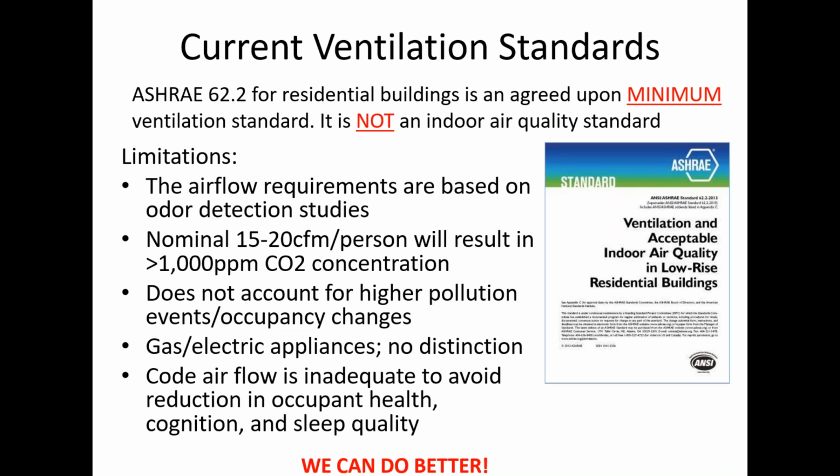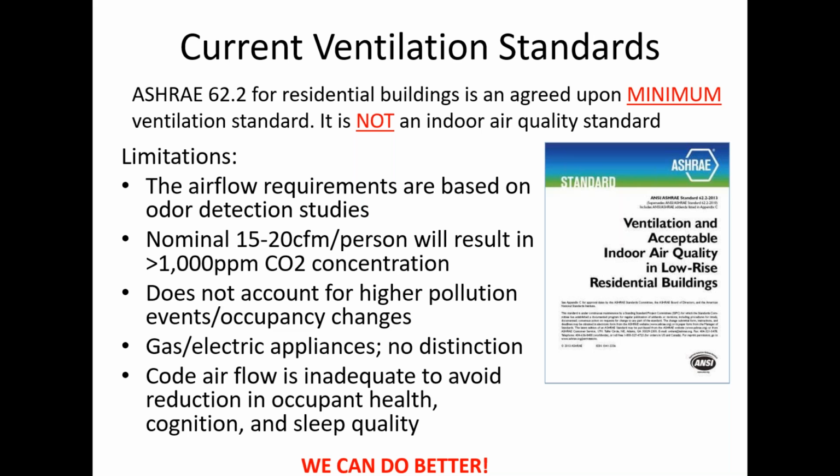than 1,000 parts per million of CO2 concentration within a space, which is starting to get towards an unacceptable level of CO2 concentration. It doesn't account for higher pollution events or occupancy changes. Homes are ever changing in these things. They're spaces that are very unpredictable. So these standards don't account for those things.